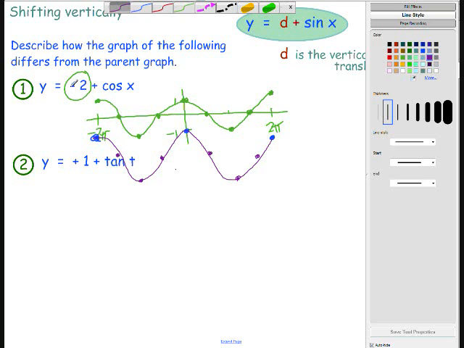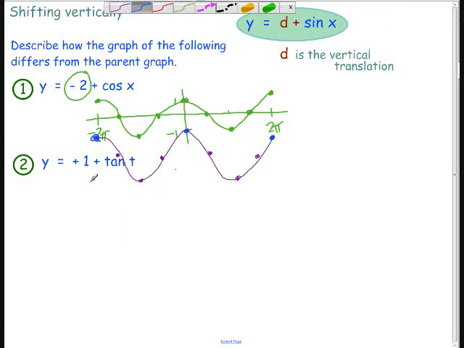What I need is to reflect it, right? Which means my high point's going to become my low point. It'll cross at the same place, and so this is reflecting it.